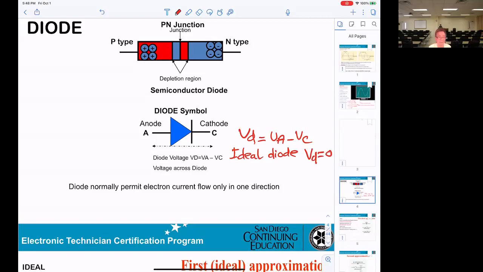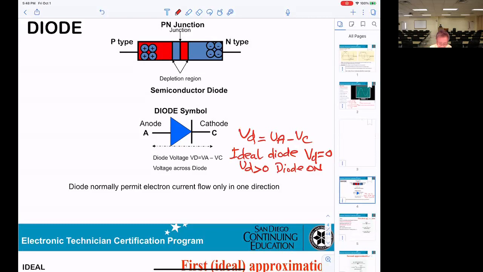So if VD is greater than 0, the diode is on, meaning conducting. On also means forward bias.